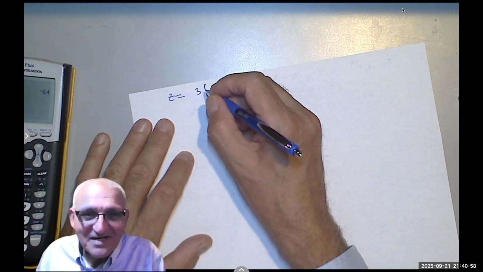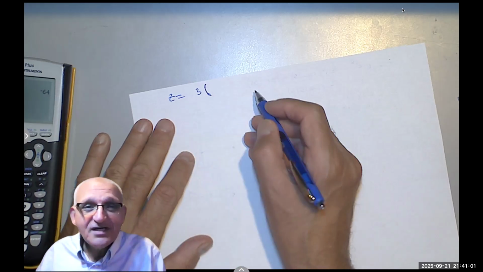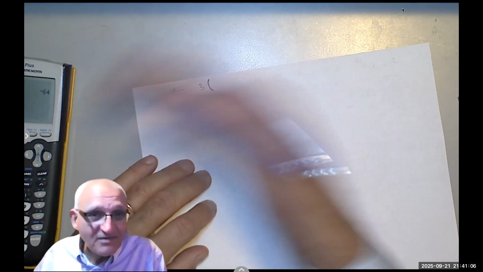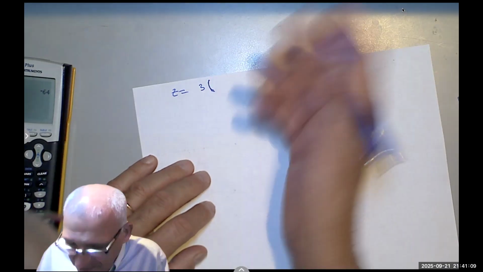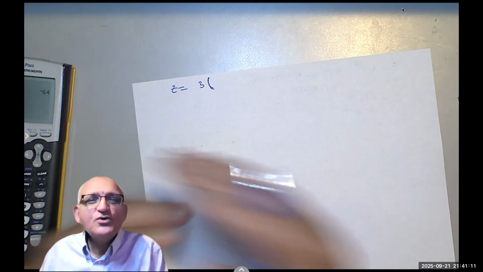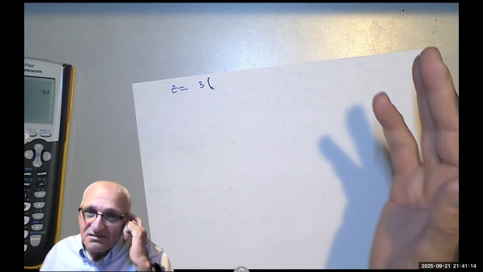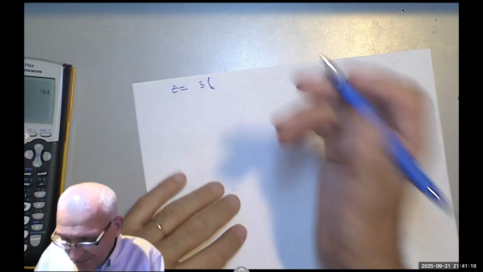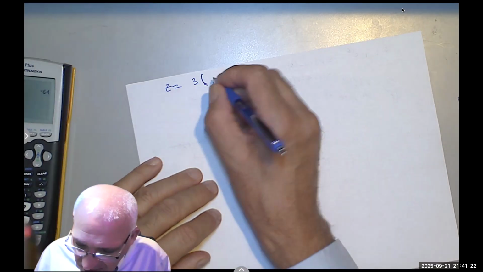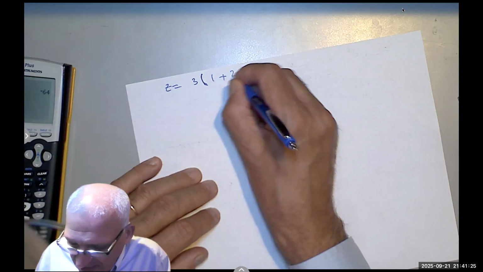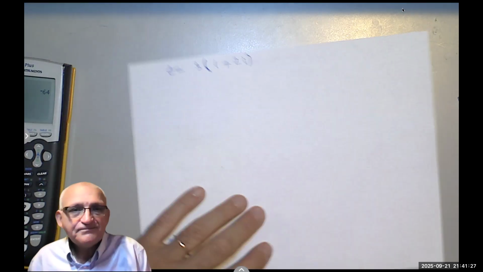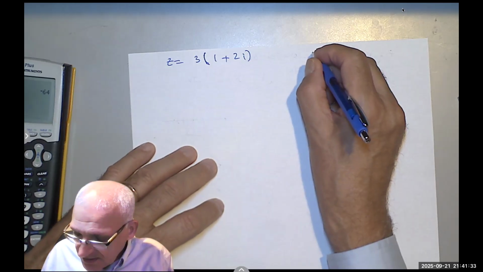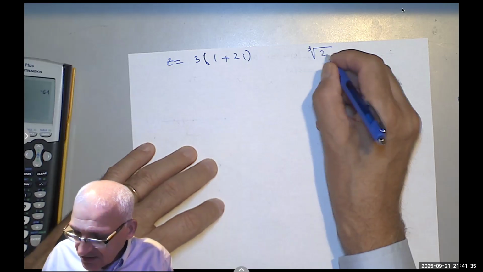We can do 3 and 4, so we get an argument of 5, or 5 and 12 and get 13, whatever. But let's make something for which we know the angle, so it would be easier. It doesn't have to be. Okay, in order to prove it to you, I'm not going to use that. I'm going to say 1 plus 2i, for example. That's enough. And they ask you to find, say, the cube root of z.